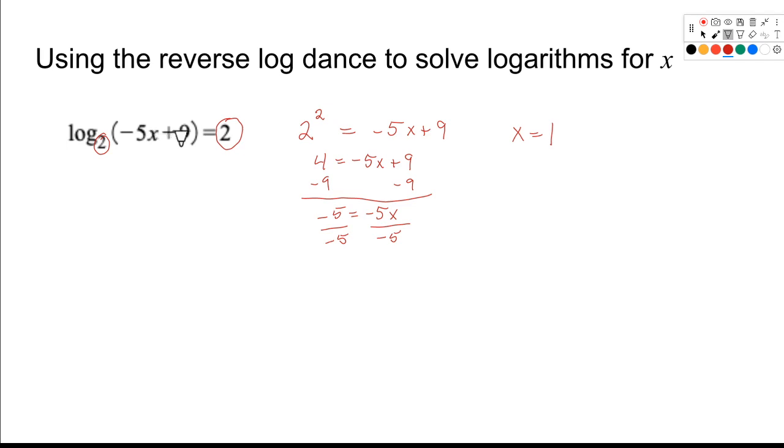Now we plug that in. If you put 1 in here, you get negative 5 times 1 is negative 5, plus 9 is 4. So plugging in 1 for x, you see that log base 2 of 4 equals 2, because 2 squared equals 4. Okay, so it all works out.